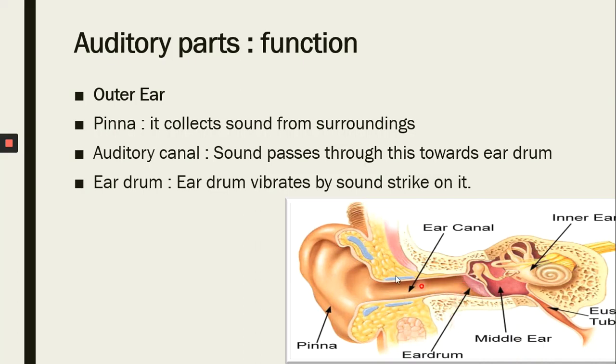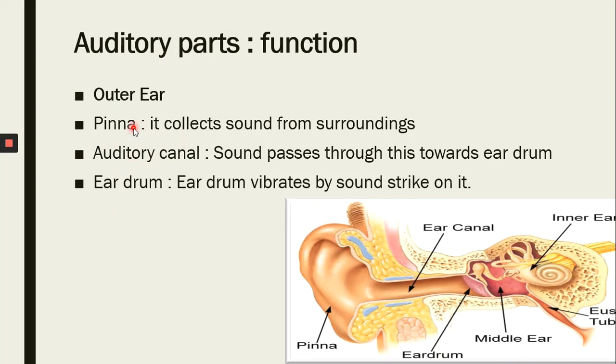It is like a membrane, and when sounds strike that membrane, the eardrum starts to vibrate, and those vibrations pass to the middle ear. So this is the function of the outer ear, which contains three parts: pinna, auditory canal, and eardrum.